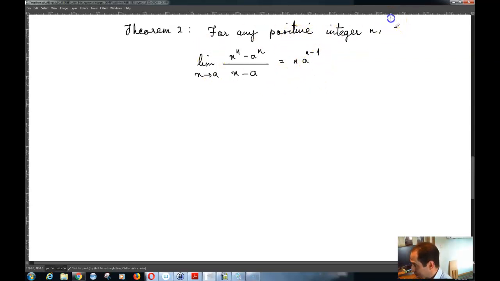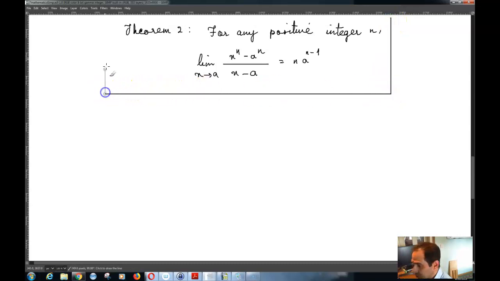So that is basically the theorem. Now of course we need to prove this.